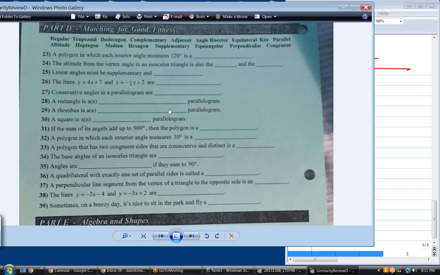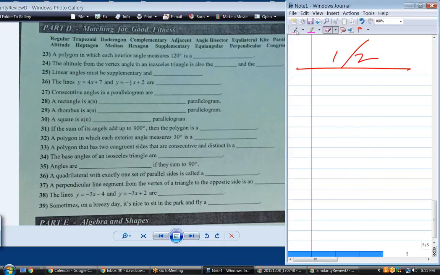Oddly enough, when I did this earlier in the day, I picked out a couple of problems to do, and I thought perpendicular was the answer. But we already used perpendicular. So equiangular probably is the answer here. Equiangular means that there's 4 equal angles.